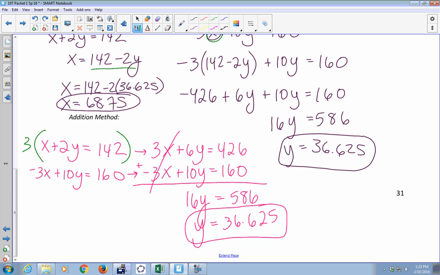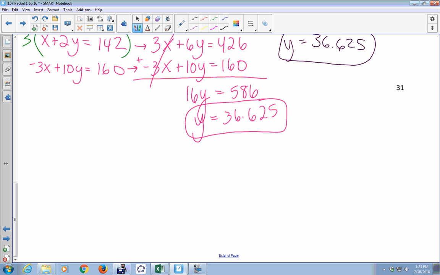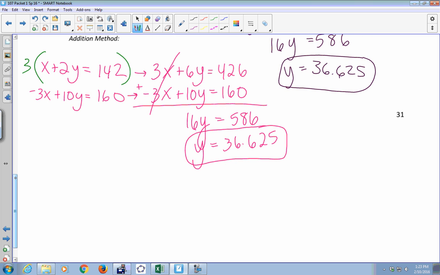And then you can get the x by substitution. You can pick either equation, it does not matter which one. Any equation that has both x's and y's in it, replace the y with 36.625 and solve for x. The altered equation would work also.